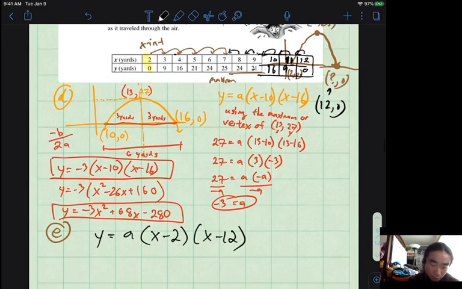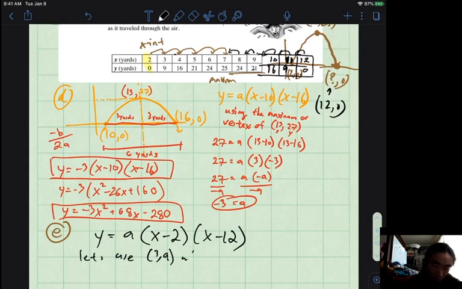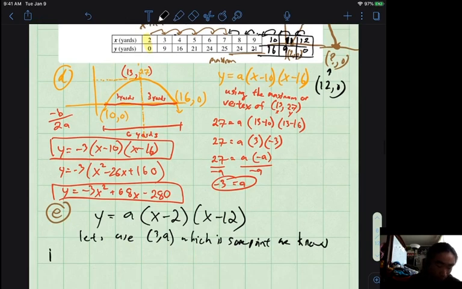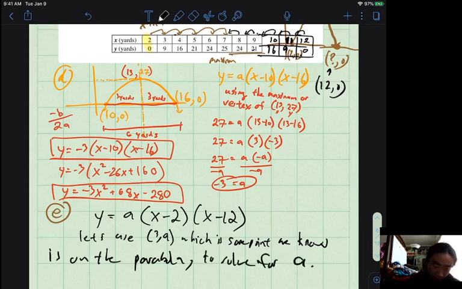Now you don't always have to use the vertex. Let's use maybe the point 3, 9, which is some point we know is on the parabola, to solve for a.